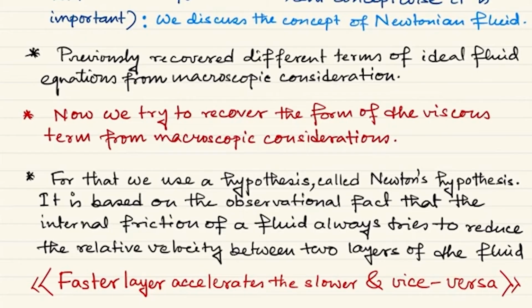Okay, thereby in both cases, as you can easily understand, there will be a decrease in the relative velocity, and finally they reach a compromise between the two, becoming an intermediate velocity, for example. Okay, and sometimes the global thing even comes to rest. That is also possible. That depends from case to case.